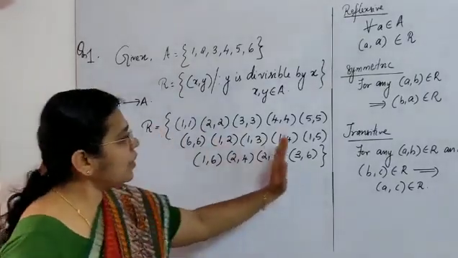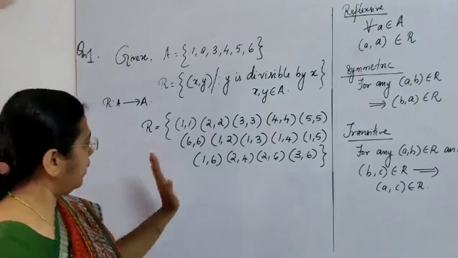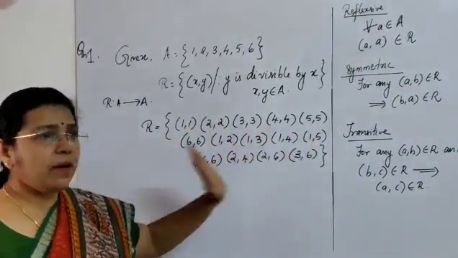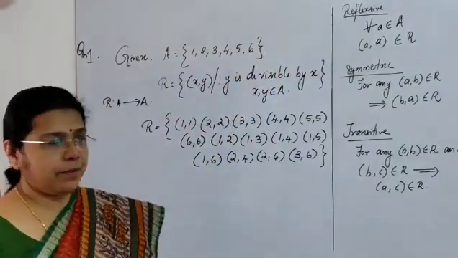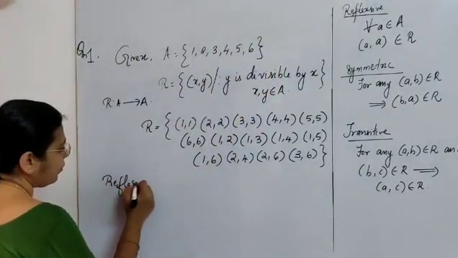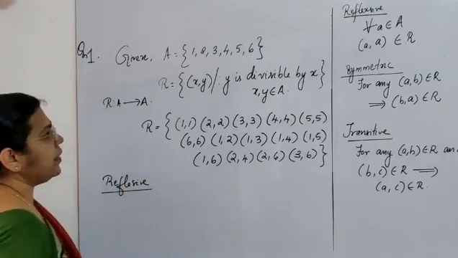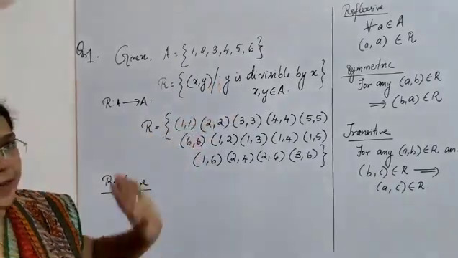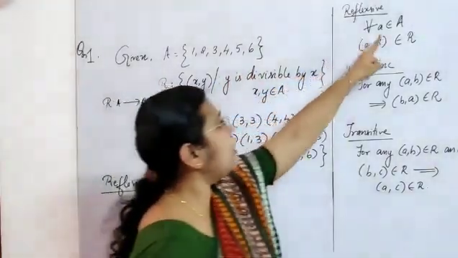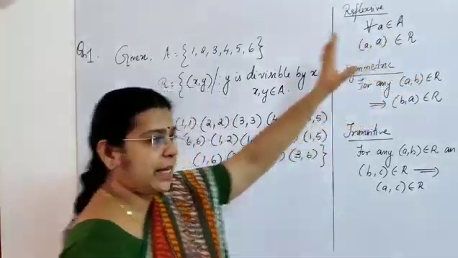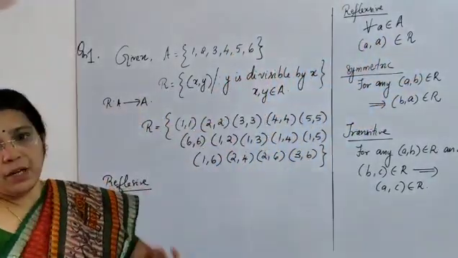Now all the elements in the relation are easily visible for us, so I can check for reflexive. To make the relation reflexive, for all a belonging to A, the pair (a, a) must belong to the relation.